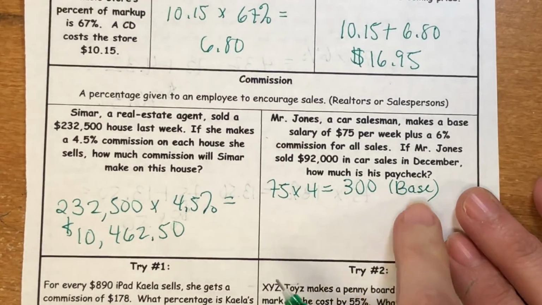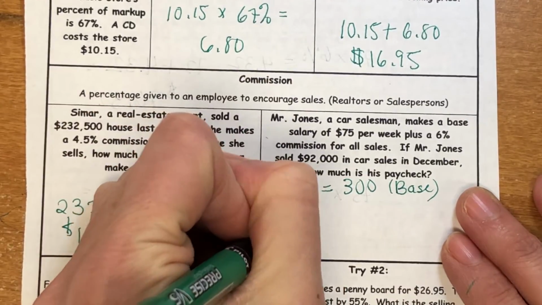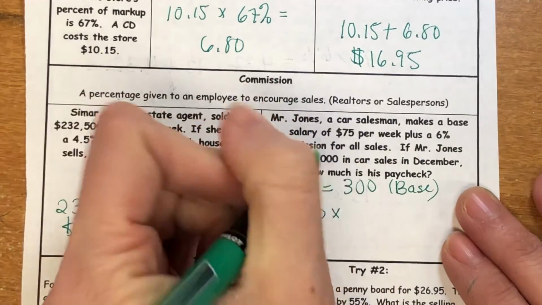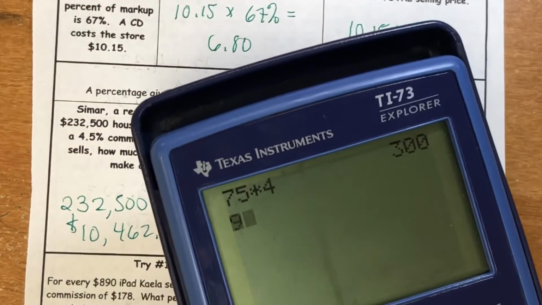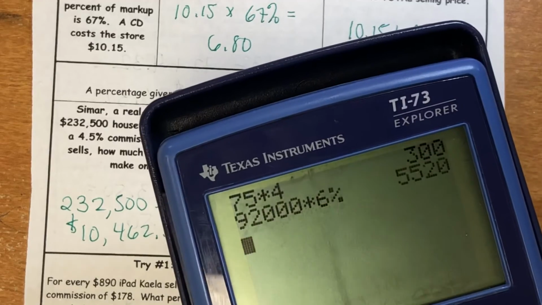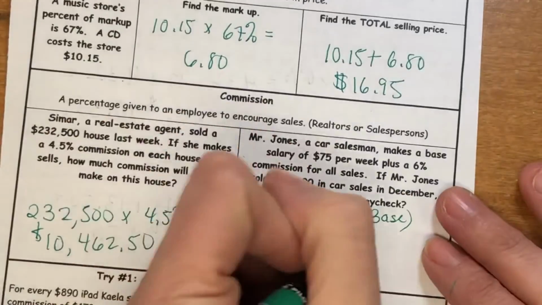Now I want to take his commission. He sold $92,000. Multiply that by his 6% commission. So $92,000 times 6% will give me 5,520, which is his commission.